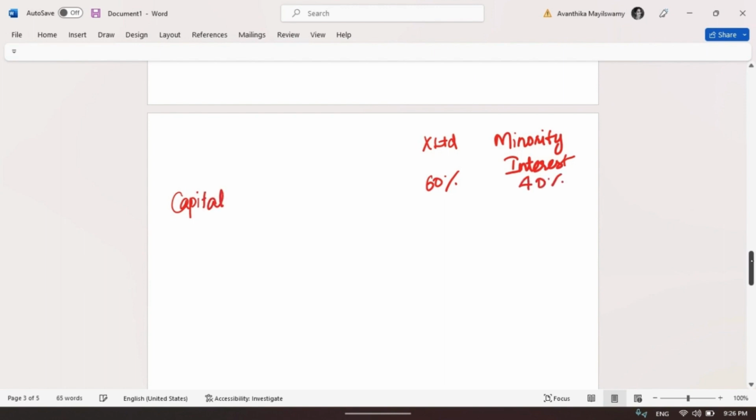So we have a capital profit which is equal to 5 lakh 5,000. We have to divide it among both these parties. So 5 lakh 5,000 into 60 percentage constitutes 3 lakh 3,000, and the remaining 2 lakh 2,000 will be for the minority interest.